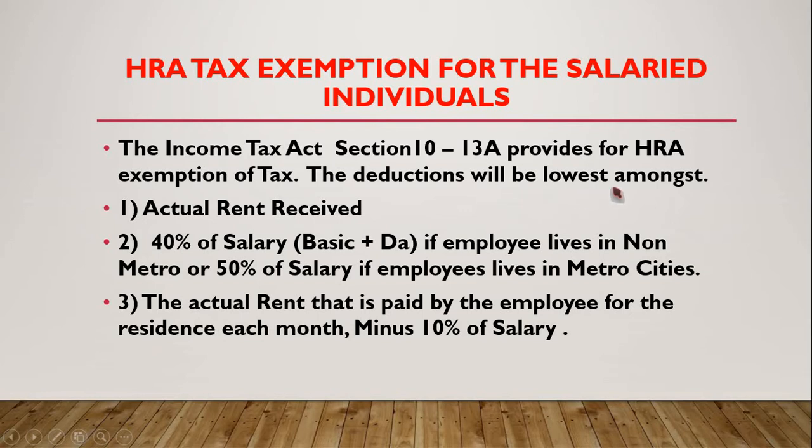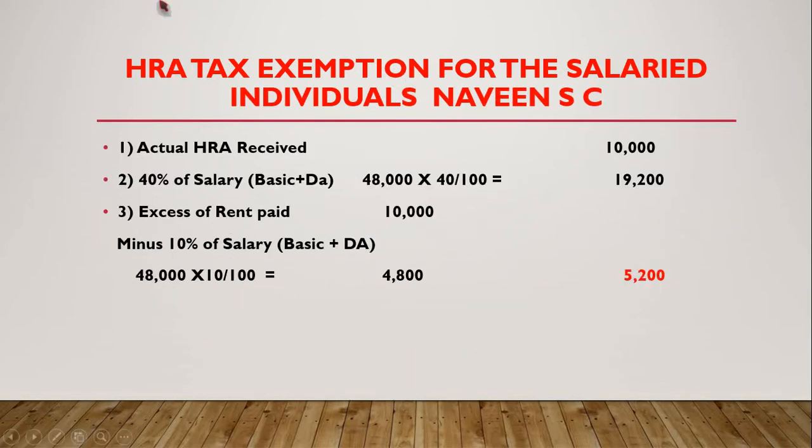The deduction will be the lowest amongst: actual HRA received; 40% of salary, that is basic plus DA, if the employee lives in non-metro, or 50% of salary if the employee lives in metro cities; and the actual rent paid by the employee for the residence each month minus 10% of salary. So check it. HRA exemption for the salaried individual, that is Naveen's exemption.